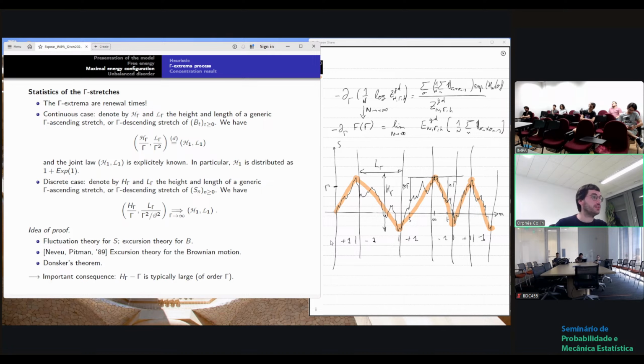Now, an important consequence for us is that by definition, H gamma here is larger than gamma, but the excess is also of order gamma, so it's typically quite large. And this is going to be very useful. This means that if you start from this configuration which maximizes the energy and decide to switch this whole domain of minuses to +1, not only is this not interesting because it decreases the energy, but in fact it's going to decrease it by a large factor.